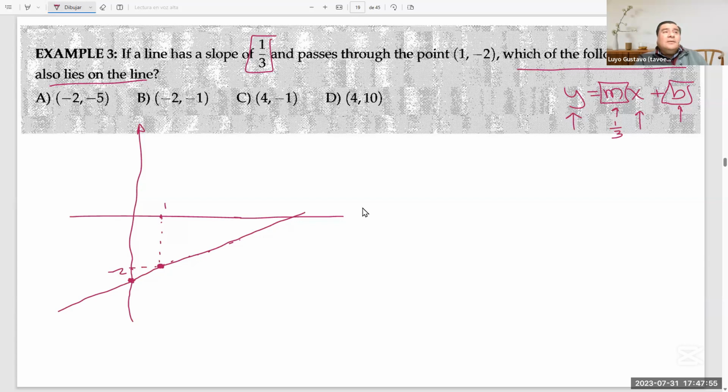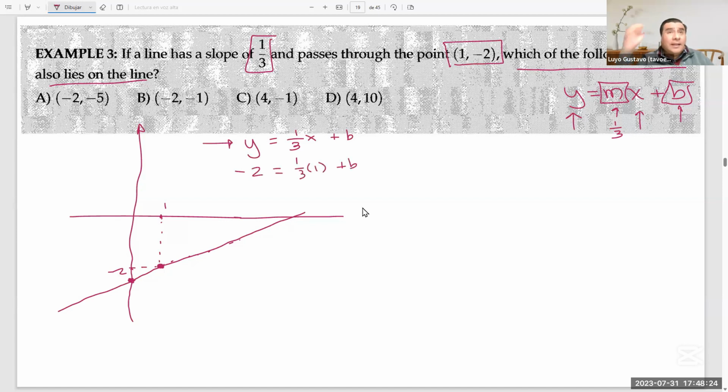We know that this line has the equation y equals 1/3 of x plus b, and it passes through this point, which means this point belongs to the line. If we substitute the coordinates of this point, the equation must be true. So let's substitute: -2 equals 1/3 times 1 plus b.